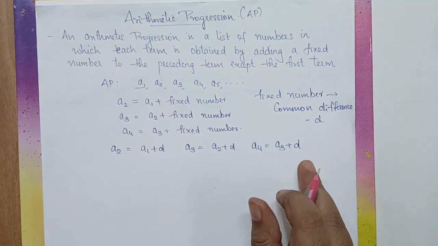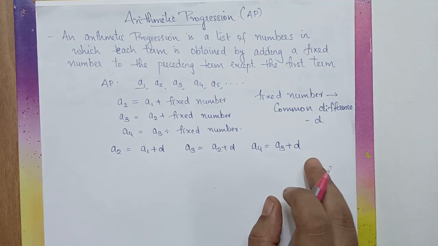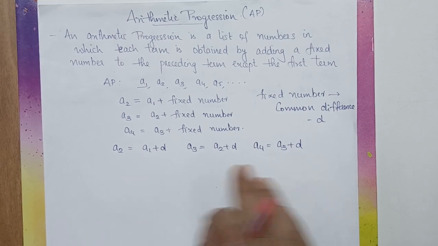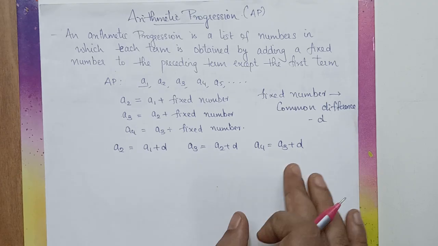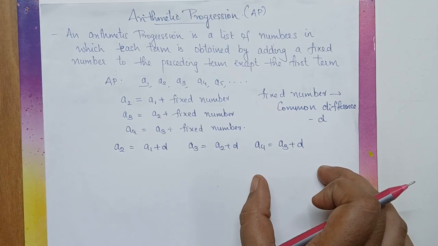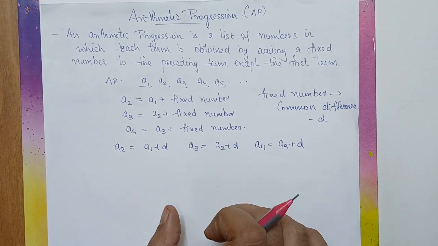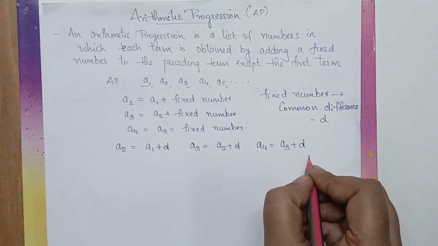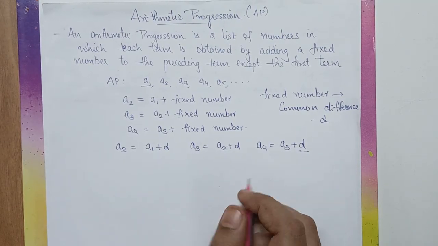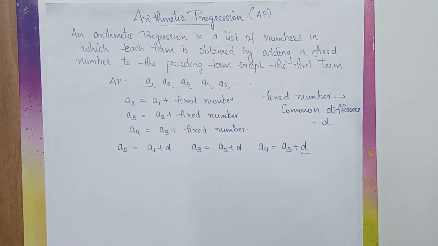Like this we can denote. This is how we can represent each term of an AP in relationship to the preceding term.